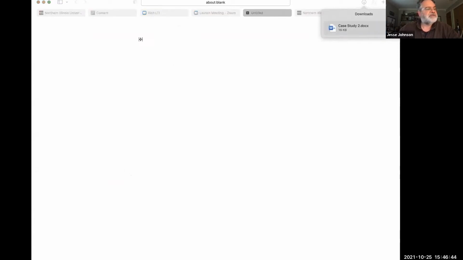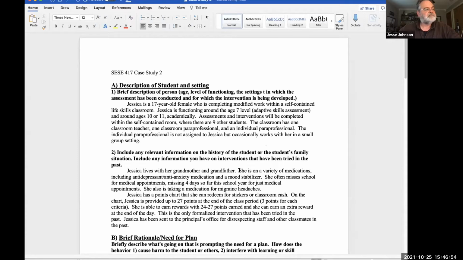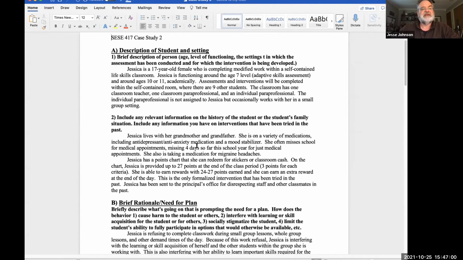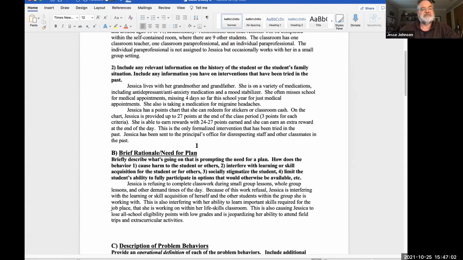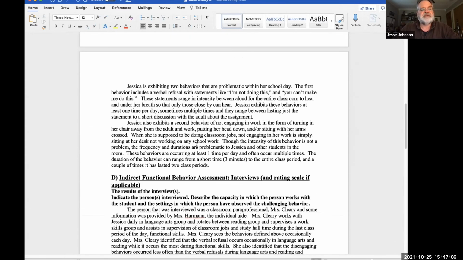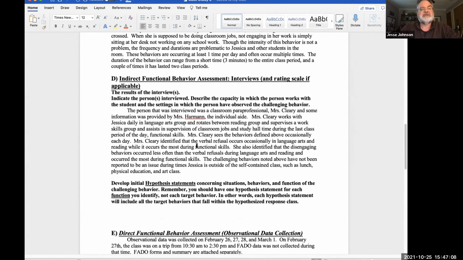I was just opening one of these case studies. This is an example of case study 2. So this is a description of a student and some information about the student's history, description of the problem behavior. And then we talked about indirect functional behavior assessment.